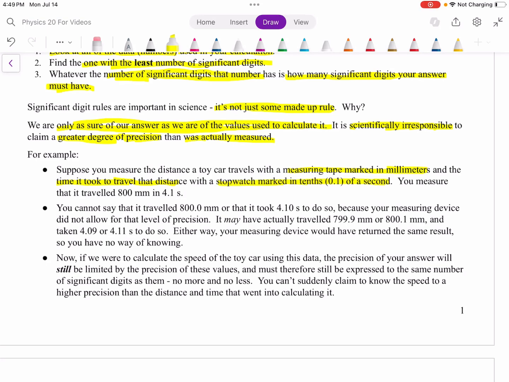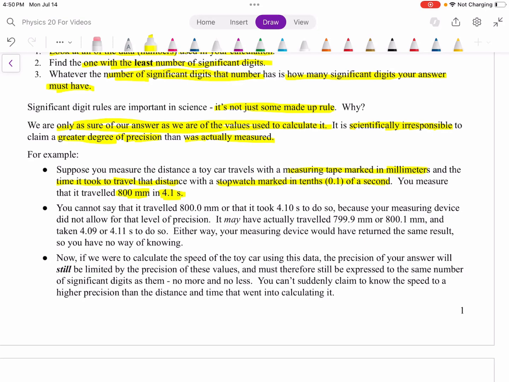You do the experiment and take your measurements, and your measuring tape tells you that it went 800 millimeters, because that's the lowest amount marked on your measuring tape, and it took 4.1 seconds, because your stopwatch only marks to tenths of a second. This is what your stopwatch tells you, and this is what your measuring tape shows you.